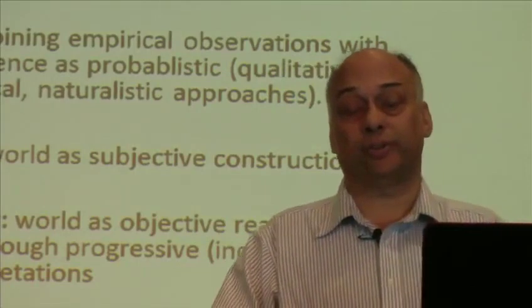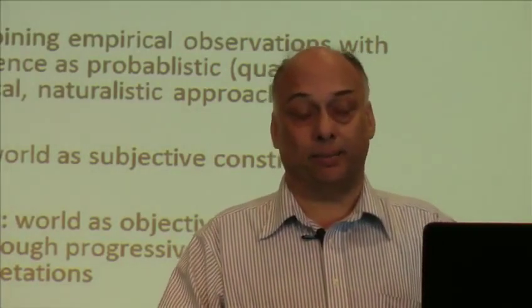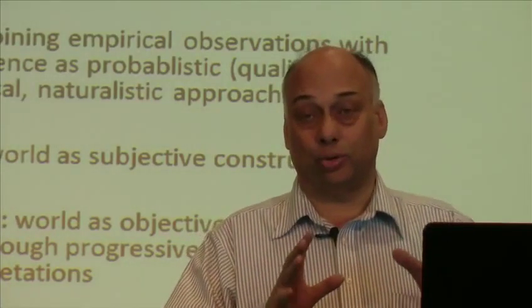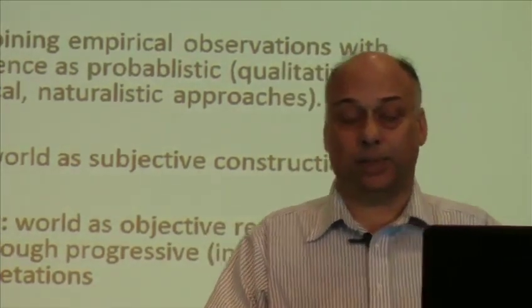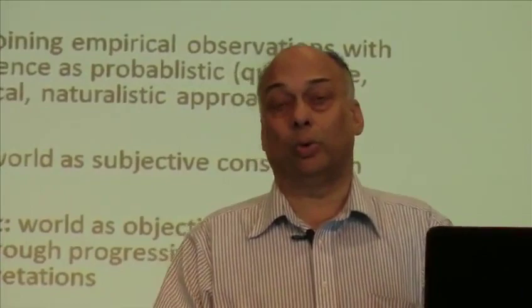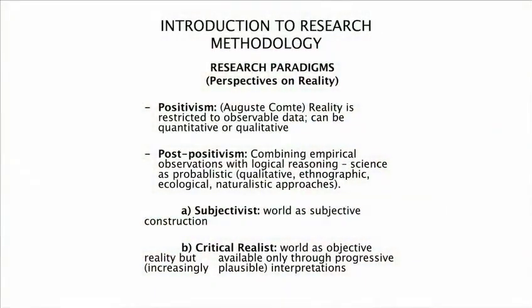Now, post-positivism itself as a paradigm has split into two kinds of paradigms. One is the subjectivist paradigm, which treats the world as a subjective construction. In other words, whatever it is that we are looking at, whatever it is that we are studying, doesn't have any reality, or even if it does have a reality, we are not interested in that reality.